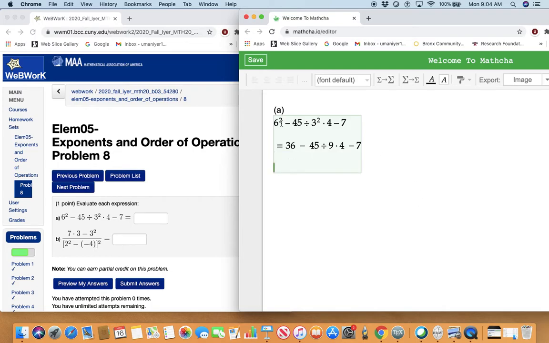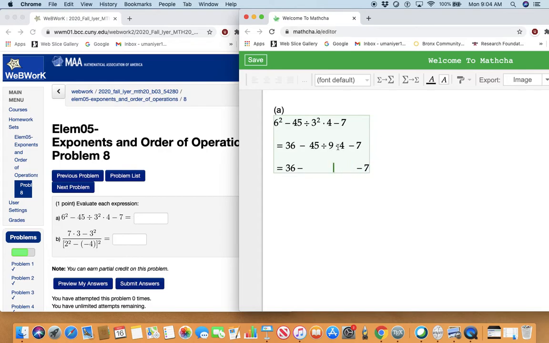Okay, so we took care of the exponents. Now, subtraction, division, multiplication, subtraction. Well, division and multiplication are higher priority than subtraction. Multiplication and division have the same priority, so you have to go from left to right here. So I will leave the other things as they are. 36 minus, and a negative 7.